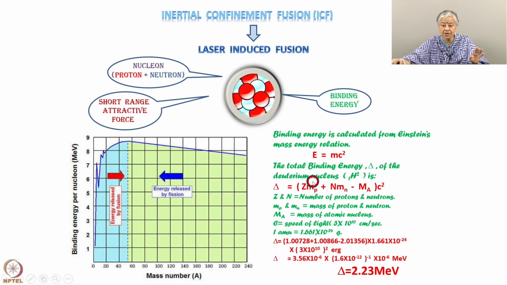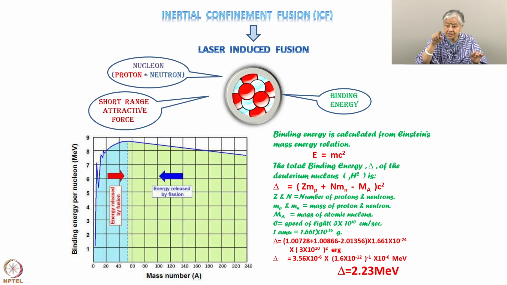Deuterium is nothing but an isotope of hydrogen. Generally hydrogen has one proton and one electron outside, and we are not talking about the electron in any case. So, it has one proton only in the nucleus. But deuterium has a neutron also.